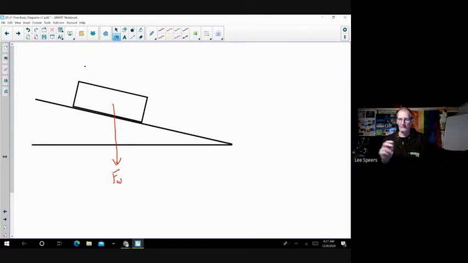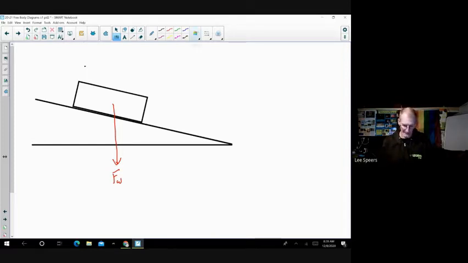But like we said, that weight force is also now trying to slide the object down or make the object move down the inclined plane, which before the weight force was just pushing it against the surface. So now that weight force is going to get broken up into components that do two different jobs.